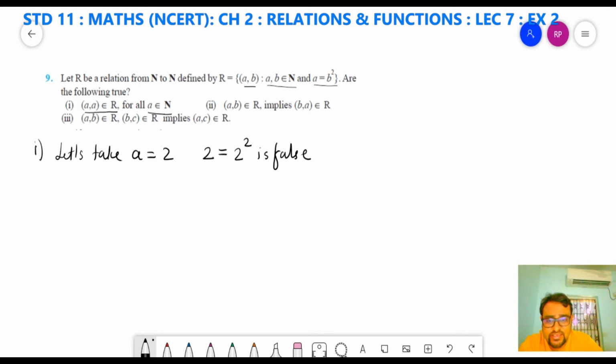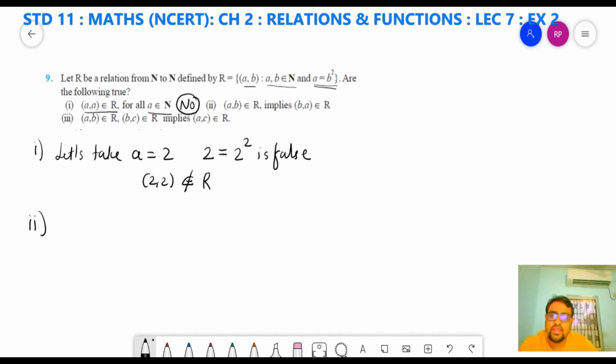As it is not satisfying this equation, that means (2, 2) will not belong to R. Relation R means a equal to b square, so only if it satisfies the equation a is equal to b square will it belong to R. So the first one is no.